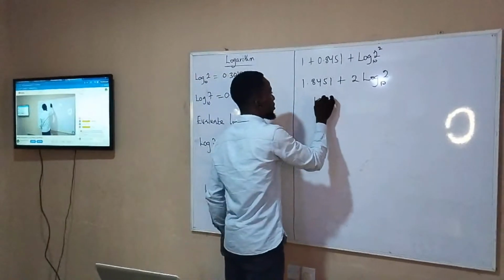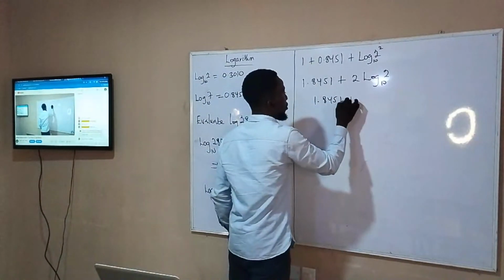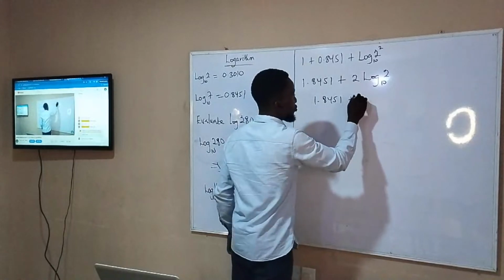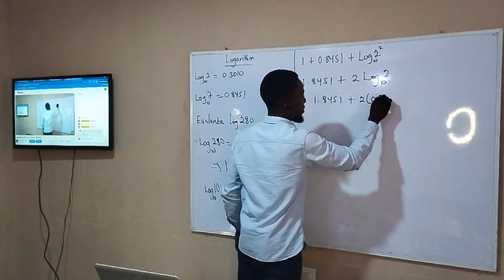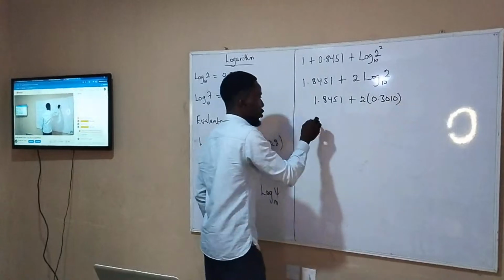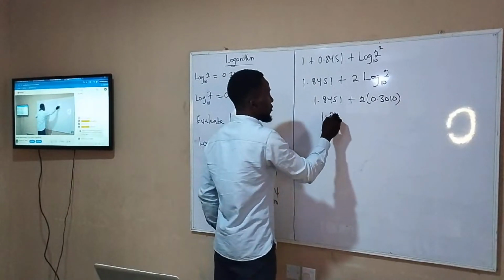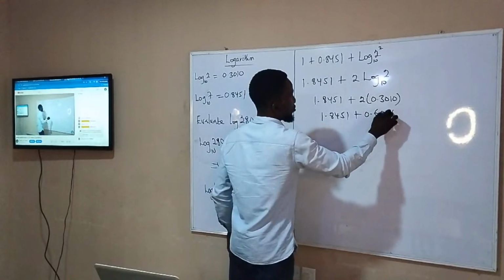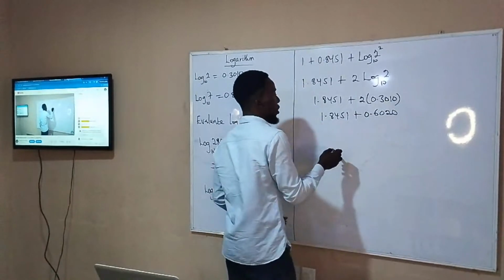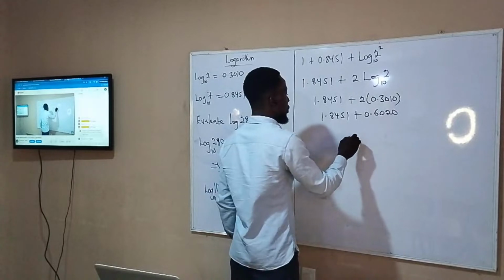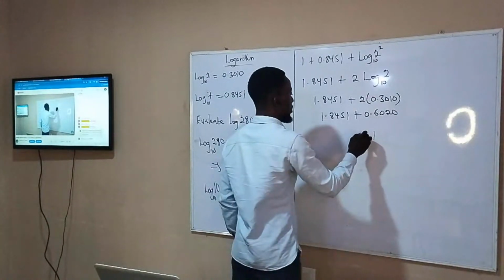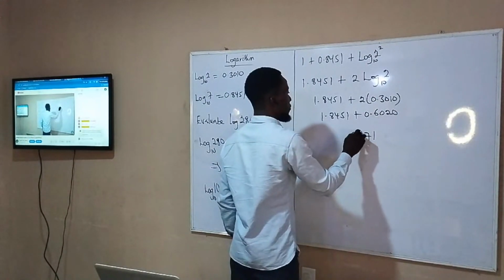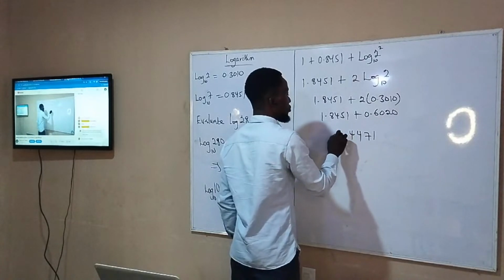So I have 1.8451 plus 2 times 0.3010. So I have 1.8451 plus 0.6020. So let's add it up. We have 2.4471.